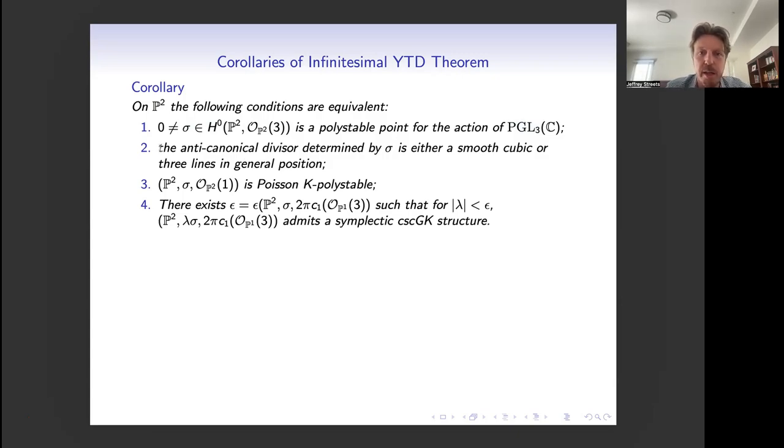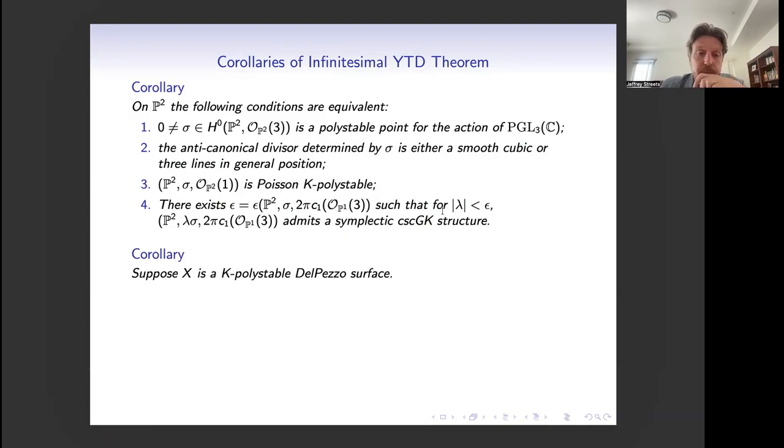It turns out this can be characterized algebraically by the following condition: the anti-canonical divisor has an explicit description. It's either a smooth cubic or 3 lines in general position. That's the same as this data being Poisson K-polystable the way I described it before. And the real point is all of that is equivalent to the existence of these cscGK structures in these classes.